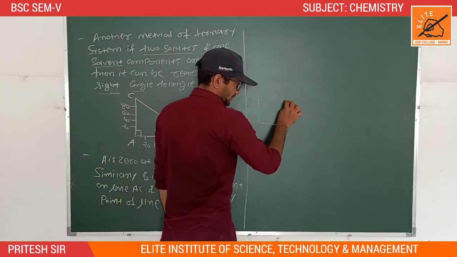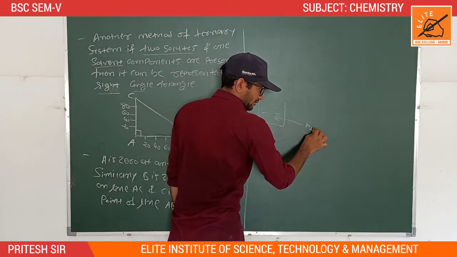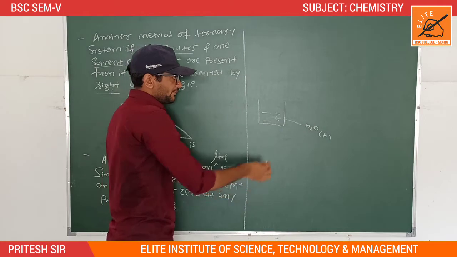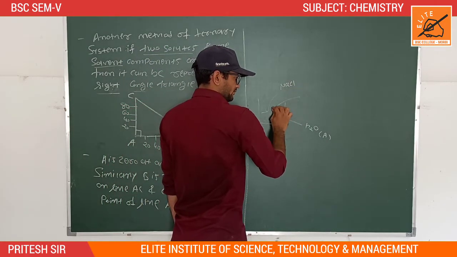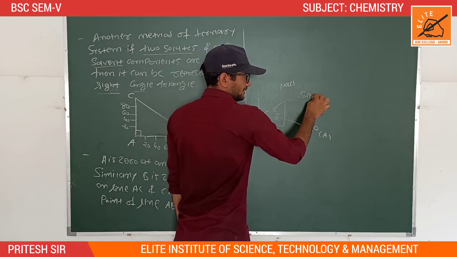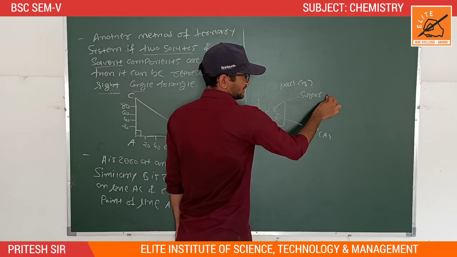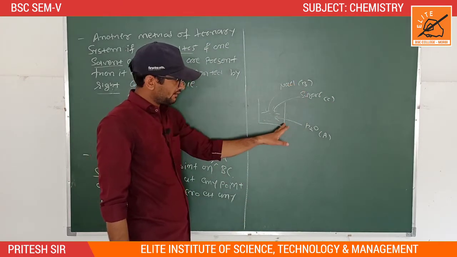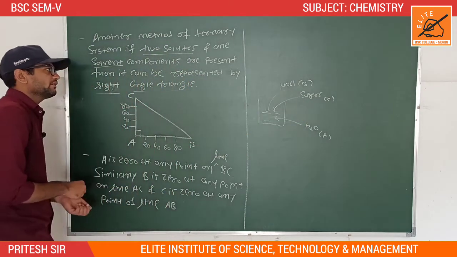Suppose this is H2O, and it is A. In H2O, if I mix NaCl and sugar, this is B and this one is C. At that time, when two solutes are added in a solvent, this method can be used.